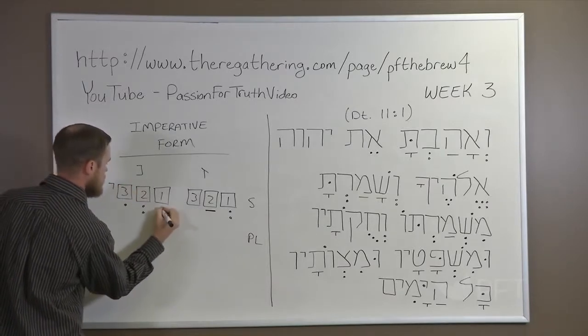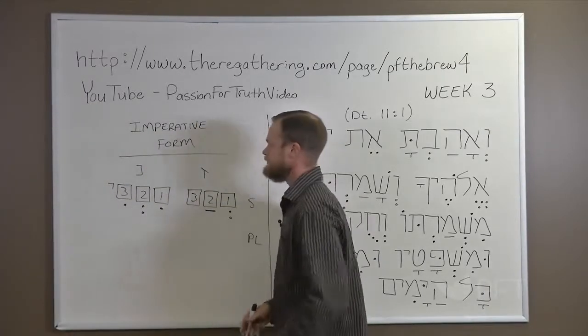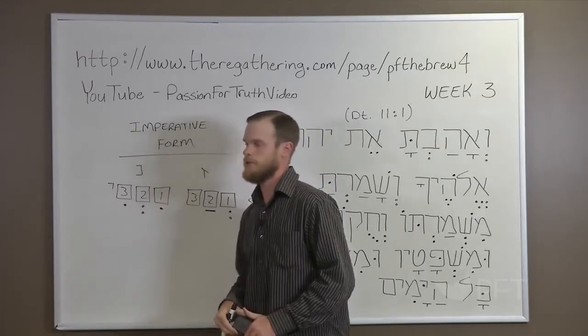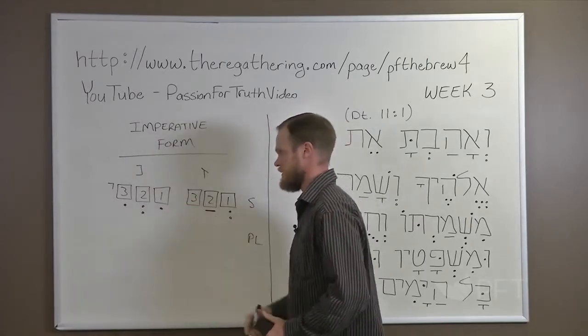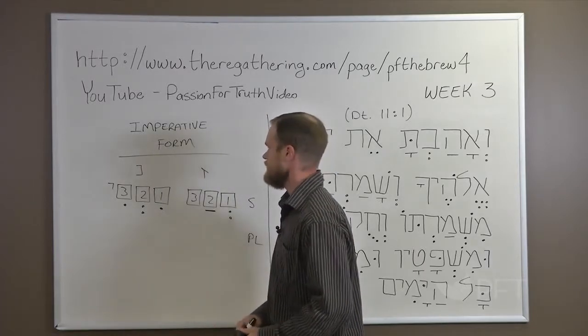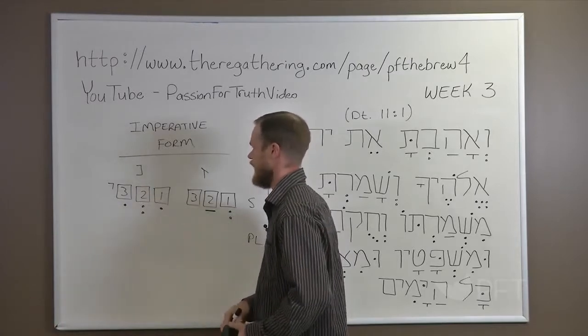My memory is, in fact, yes. That's actually the feminine singular form. Yes. So the vowels can change slightly, okay, but the letter form and the suffix remains the same. And yeah, that does make more sense because it would be awkward to have a cholam there.